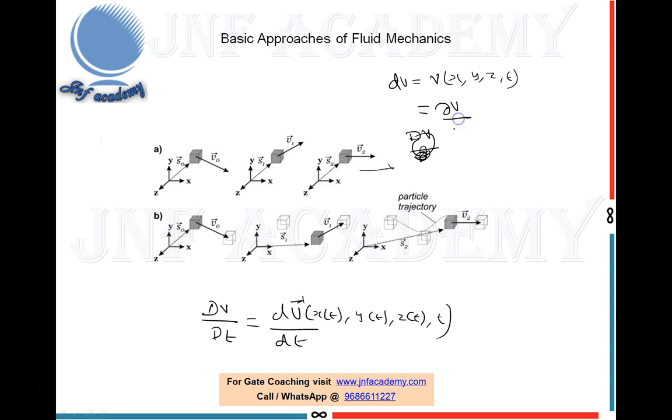Dou v by dou x into dx plus dou v by dou y into dy plus dou v by dou z into dz plus dou v by dou t. So this t is the unsteady term, I told you, right? This is not with respect to location, this is with respect to if somebody is externally accelerating or decelerating on a timely basis, that part is being taken care of.